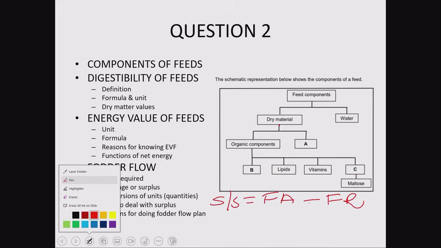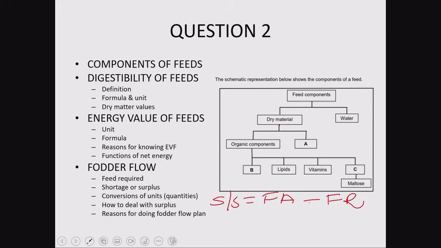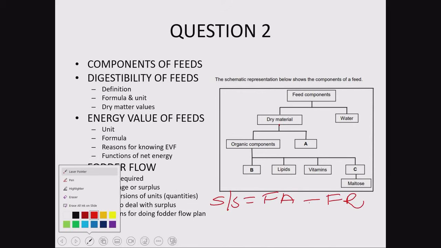Another important item you have to remember here are the conversion of quantities of units. Sometimes you'll be given the feed in kgs and you have to convert it to tons, or you'll be given it in tons, and you have to convert it into kg.